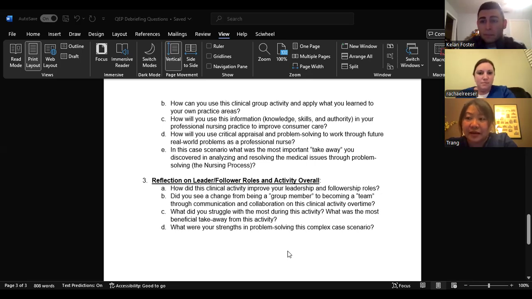I've been there for a C-section a few times, but I want to know what a CRNA is actually doing and stuff like that. So that was my struggle in the beginning. But the strength in problem solving this complex case is that I have a few friends who work in the OR.